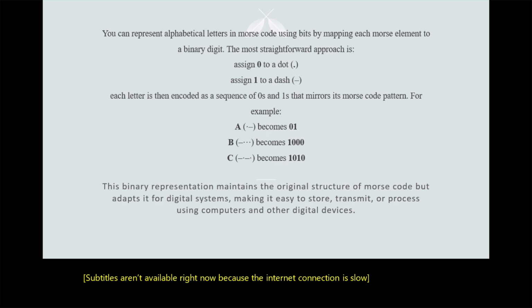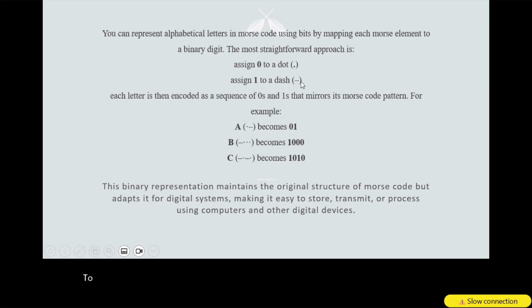The most straightforward approach is to assign 0 to a dot and 1 to a dash. Each letter is then encoded as a sequence of zeros and ones that mirrors its Morse code pattern.